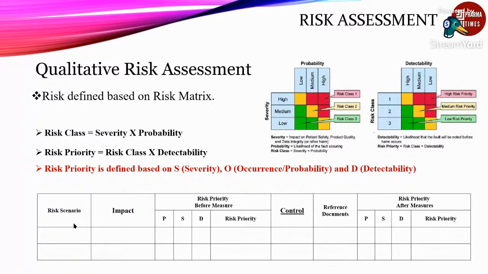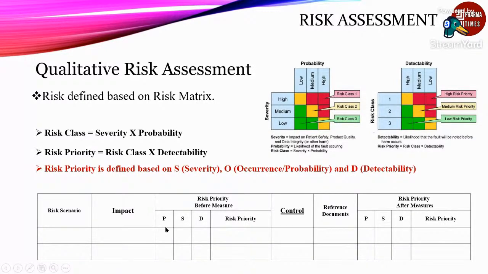The first column says what the scenario of the risk is, meaning you define which type of risk is there. Based on that risk, what is the impact for the system, for the process, or for your business, or say that particular system risk is defined during validation. Then P means probability, S means severity, and D means detectability.